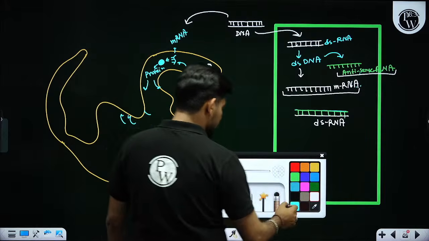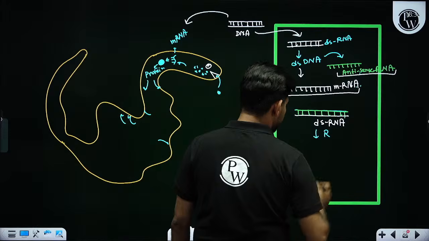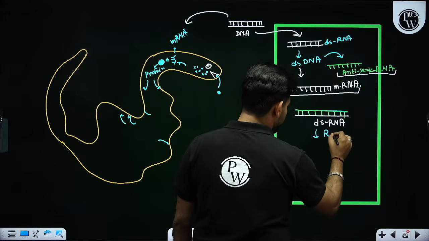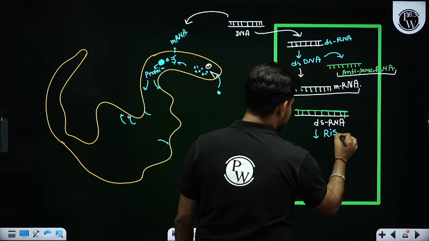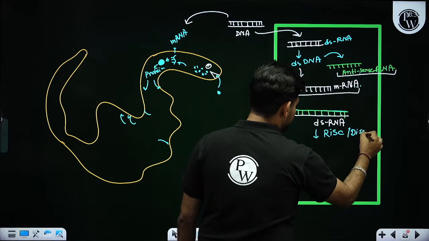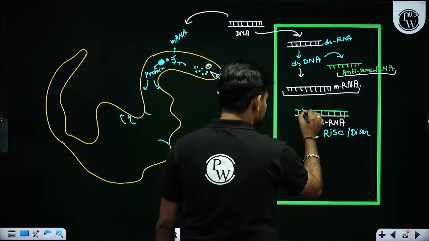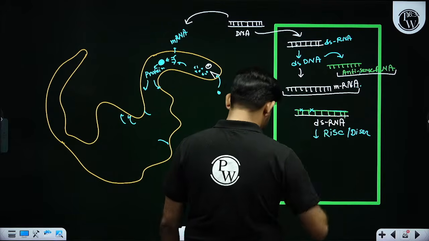Now this double stranded RNA molecule will be cleaved by a special complex of proteins called RISC protein and dicer protein.